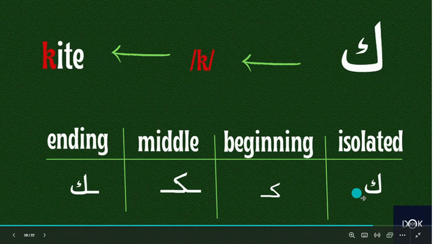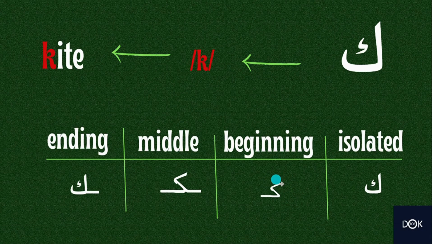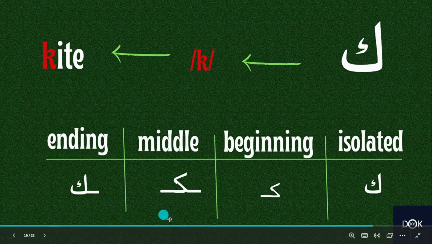Now there is also a slight difference in the formation of this letter. When kaf is written in an isolated form, it is written this way. It has a slanted S kind of a shape, but when it comes at the beginning of the word, it's without the S over it. Instead, you will see a slanted dash here. Same goes for the middle one.